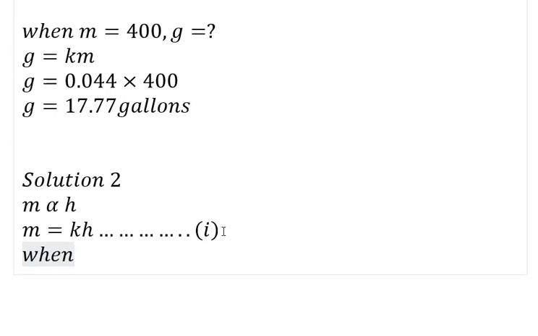So when M is what? 28.5. Your H is what? H is 6. So just put these two into equation 1 to get your K.